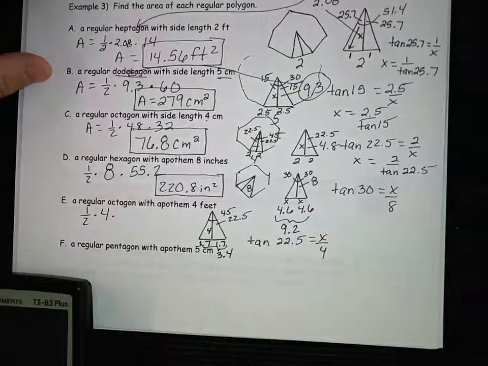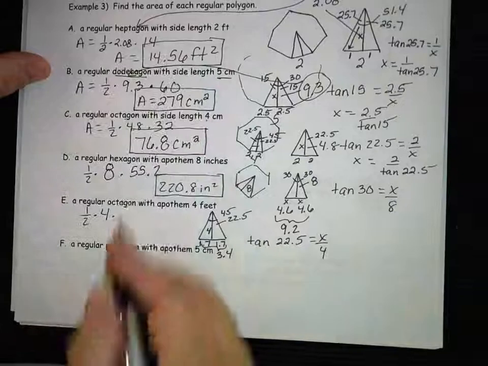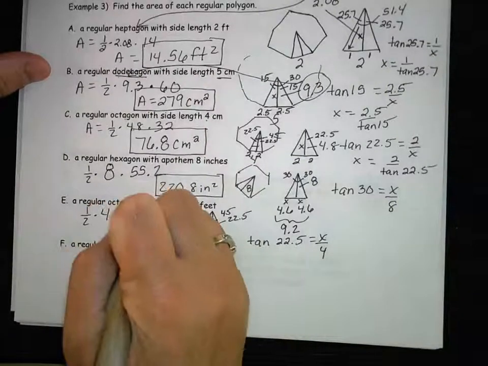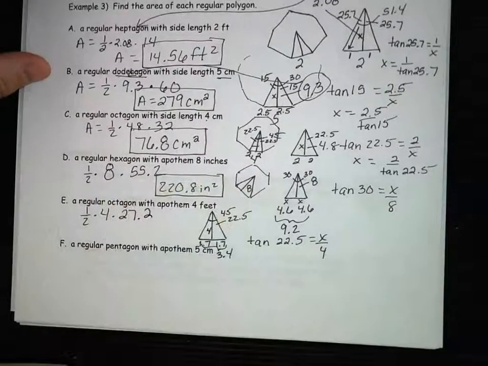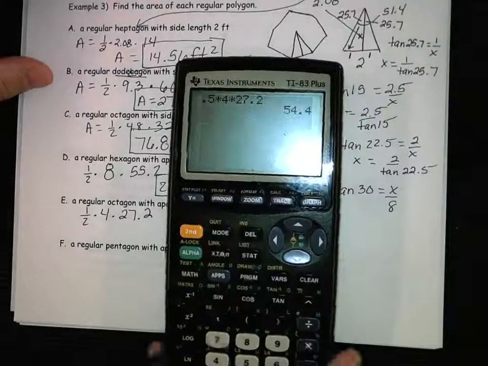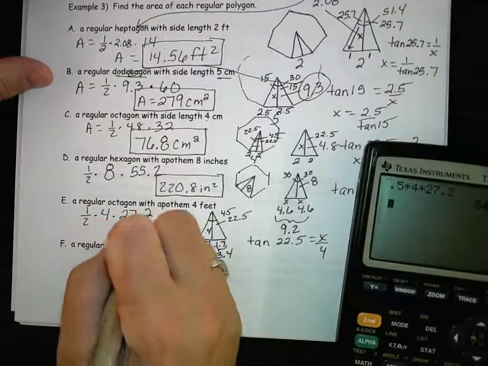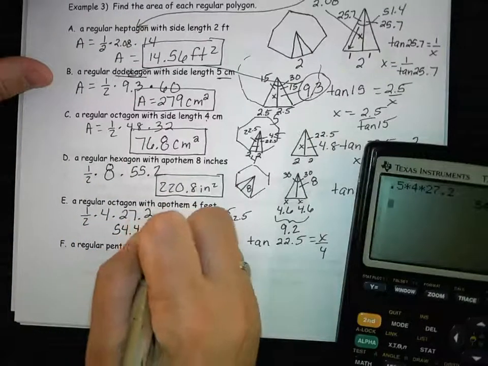And this is an 8-sided figure, so to find the perimeter, we do 3.4 times 8, which is 27.2. 1/2 times the apothem times the perimeter, and we end up with 54.4 square feet.